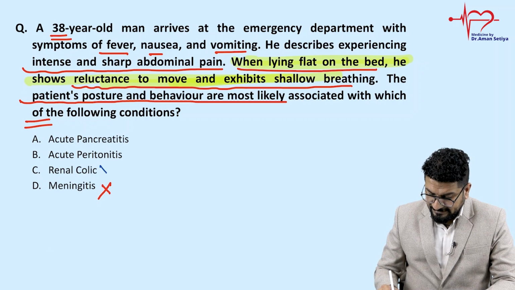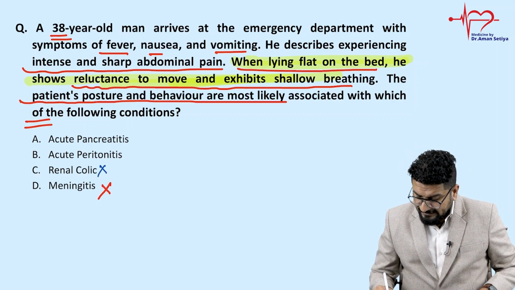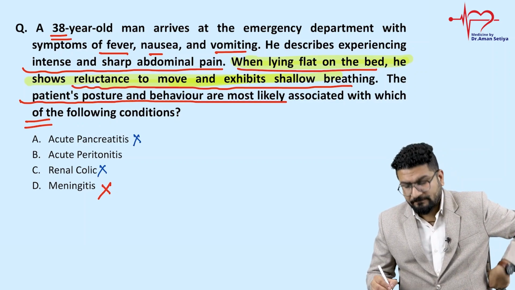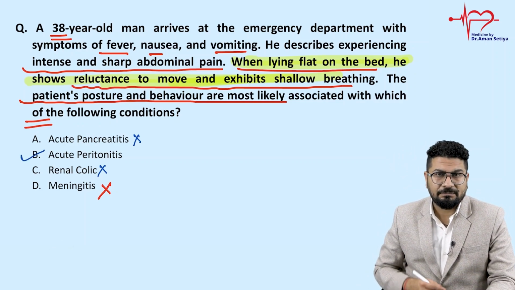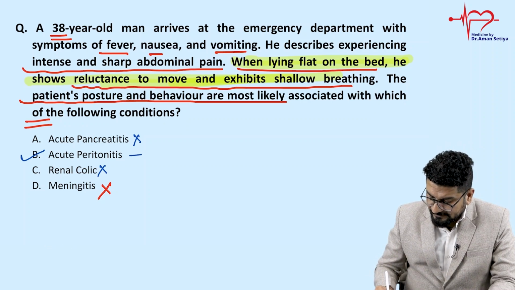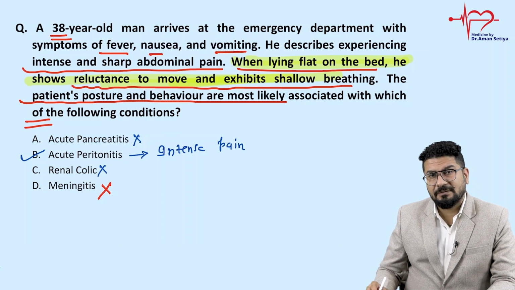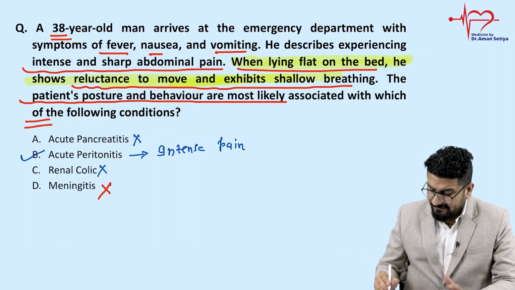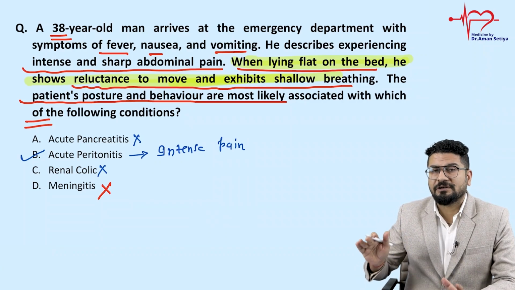So that is where we see this type of pain. If I say colic pain, I told you this will move to the penis tip. Then I can say pancreatitis pain will radiate to the back. This is the case of peritonitis. So pain is very intense. What else? Other features you will see in this patient: the patient will have intense pain and will barely move from the bed. And when you touch the patient, even on touching the abdomen, he will shout with pain.